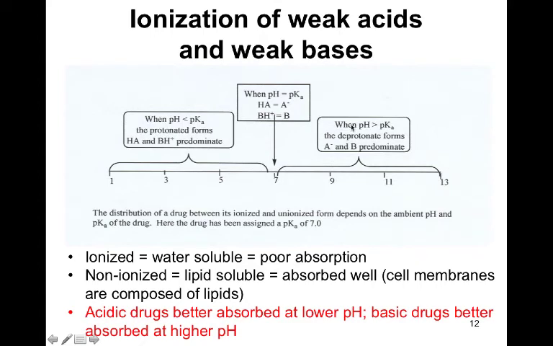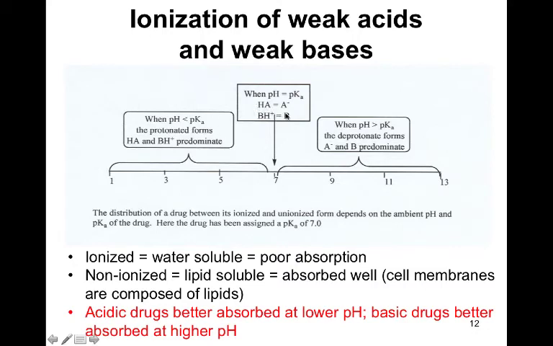Okay, on the other hand, when the pH is greater than pKa, it's always the deprotonated form that is going to predominate. So in other words, a weak acid in acidic environment is always going to be protonated. More of it is going to exist in the HA or unionized form.